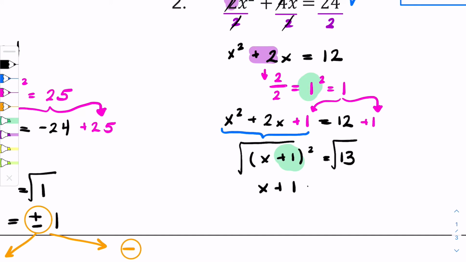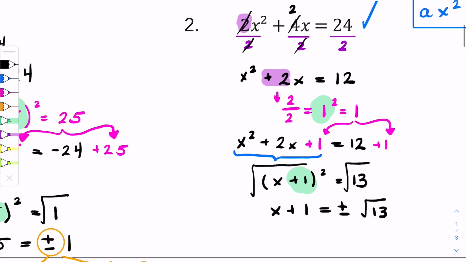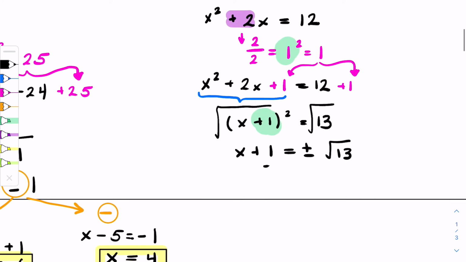X plus 1 is equal to positive or negative square root of 13. Now you do have to check, can the square root of 13 be simplified? And the answer is no. So all we can do here is subtract 1 from both sides, and our solution is x equals negative 1 plus or minus the square root of 13.